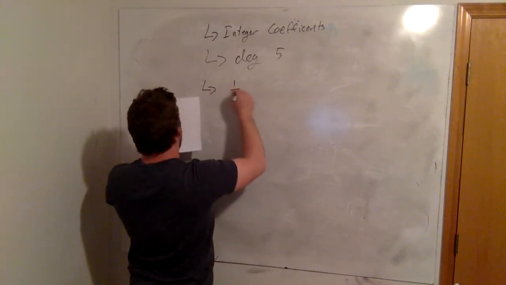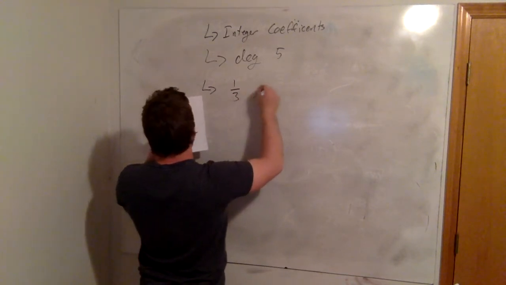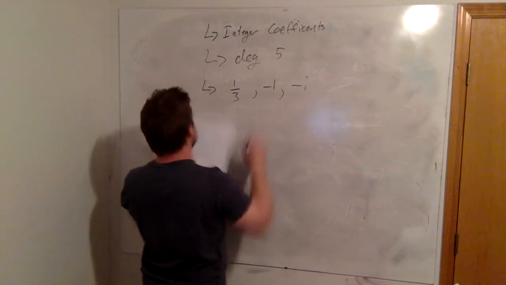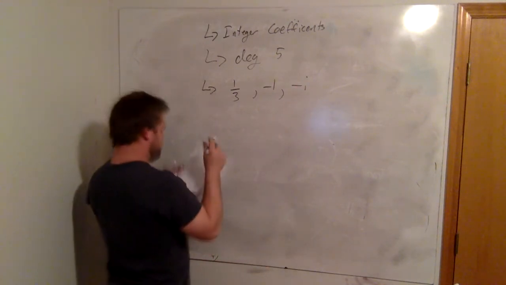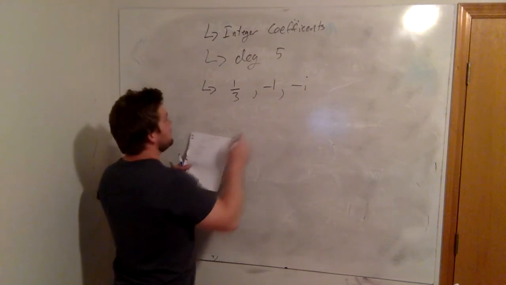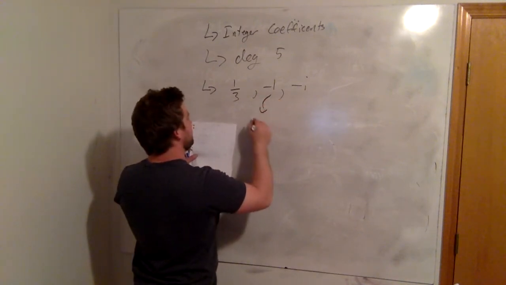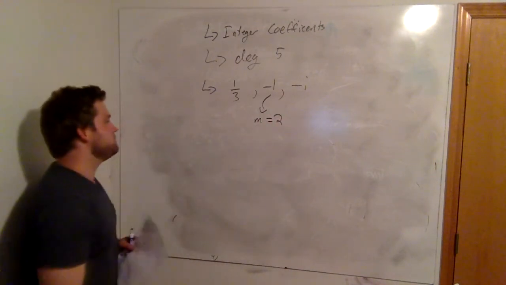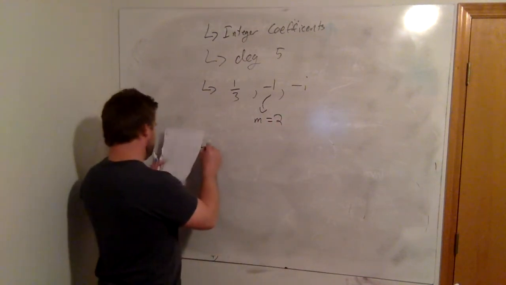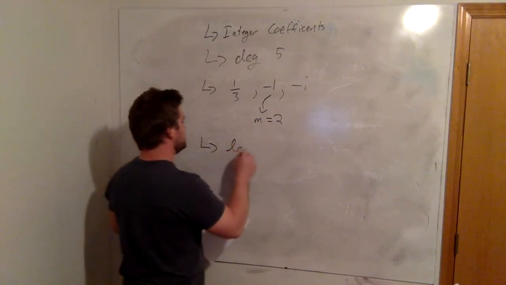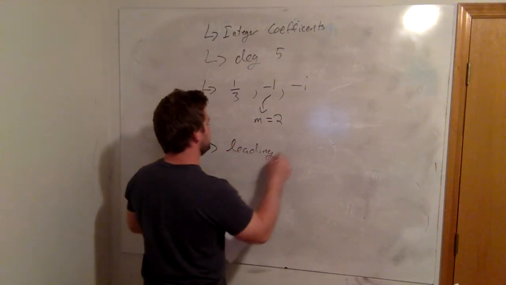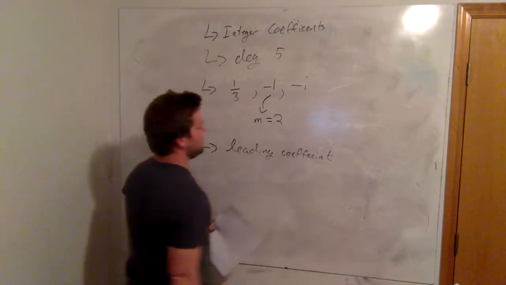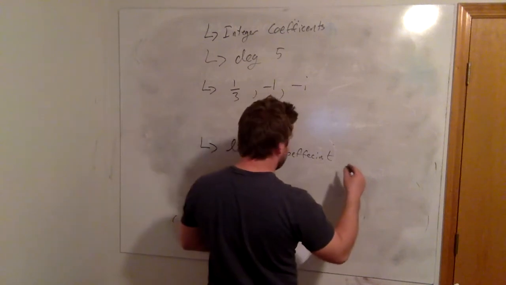Let's say it has 1/3 as a root, -1 as a root, and -I as a root. Let's say that this root here, -1, has a multiplicity of 2. And let's say we want a leading coefficient of 9.